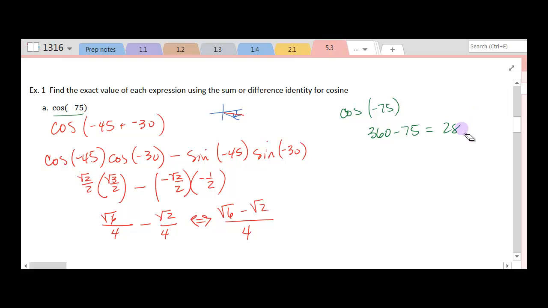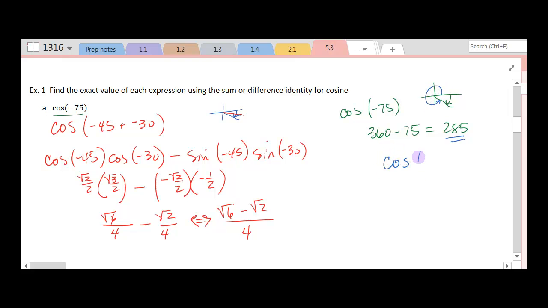In other words, what would the positive angle be equivalent to negative 75? That is actually 285. So maybe I want to ask myself, what numbers do I know that add together to give me 285 in the positive direction?